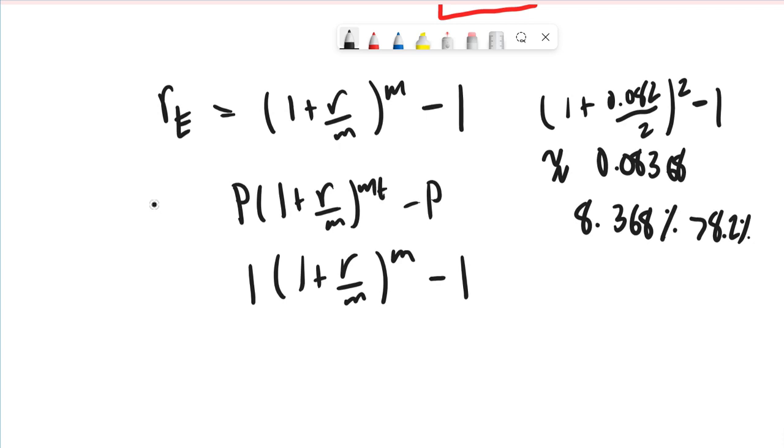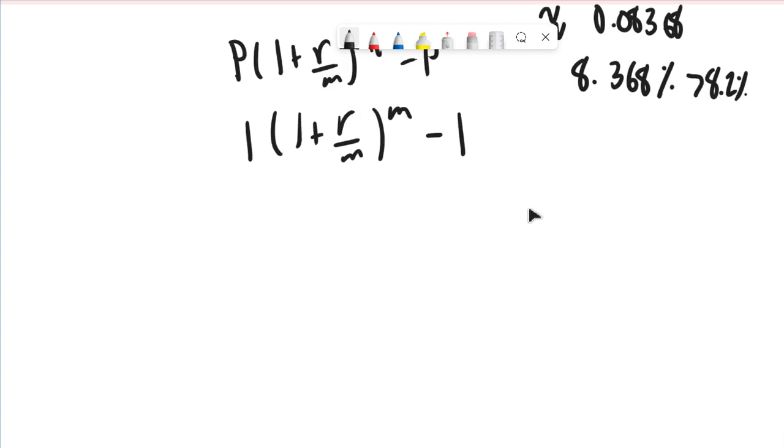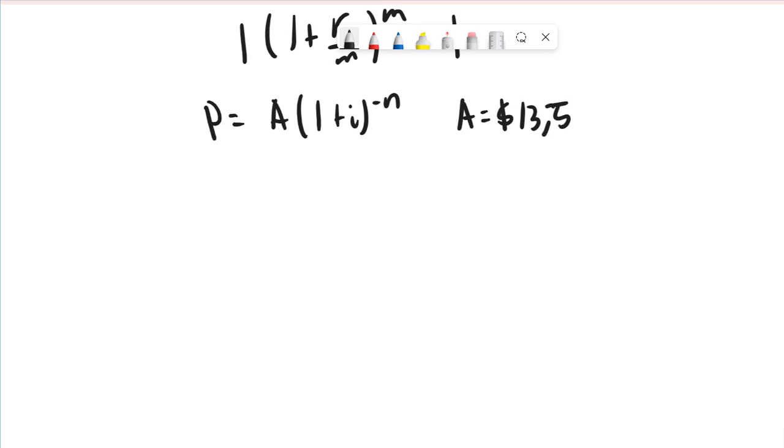Now, suppose that we had a different problem where we wanted to find the present value. So finding the present value, we said that you take the accumulated amount times 1 plus i and raise it to the negative n. So let's say that the amount you have in the future will be 13,756.41 at maybe like 8.4%.